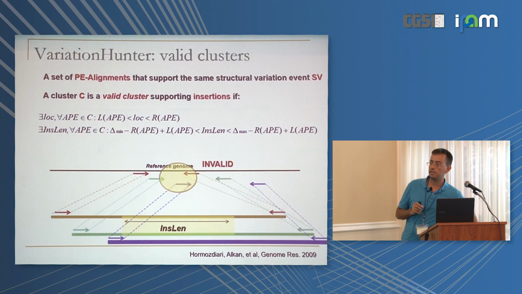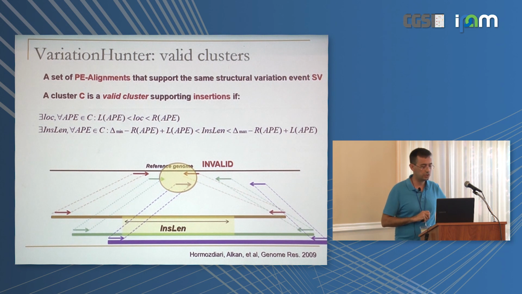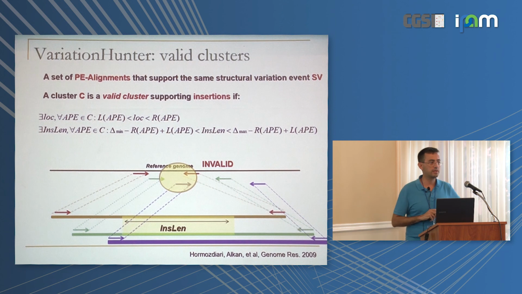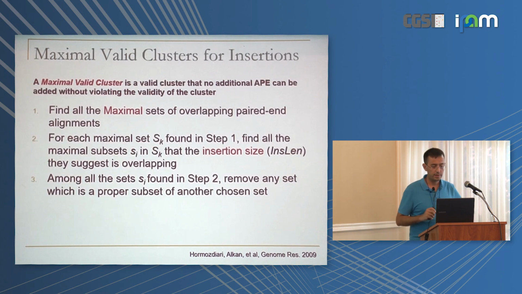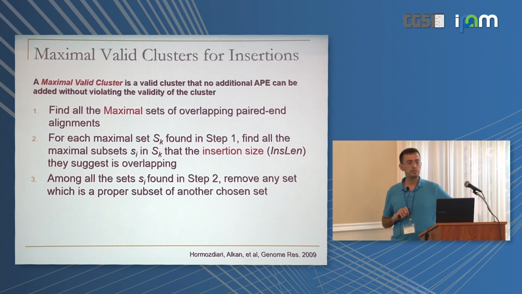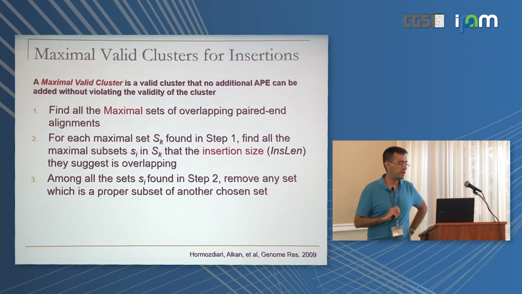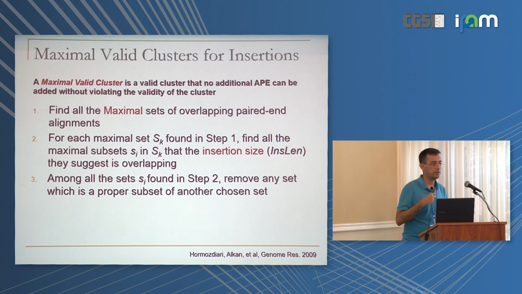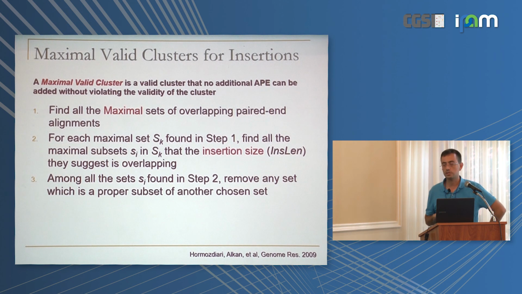For example, here, this would be in contradiction, because here the red and the green are agreeing on the location of the insertion, but the blue one is violating this condition. Then we find those that agree with each other, we cluster them, and then we reduce this problem to set cover, and we find an approximate solution, which is going to give us the potential locations for the structural variants.